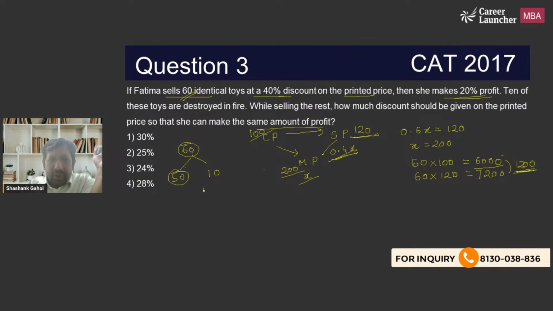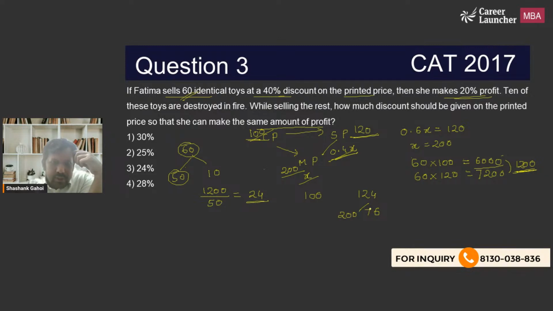Okay. So from each toy, how much profit she needs to have? So she needs a total profit of 1,200 from each, and she needs to sell 50 toys. So how much profit we are looking for? That is going to be 24, right? So she bought it at 100. She is selling it at 124. Mark price is 200. So how much this is going to be? 76. Okay.